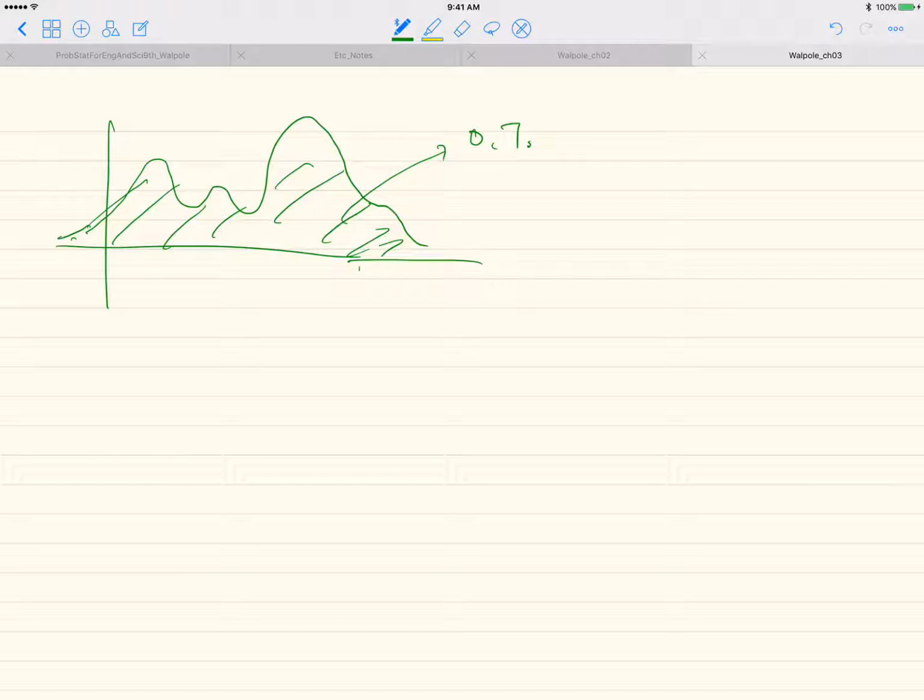We computed the integral along this function and the area was 0.7, so we simply increase the height by 1 over 0.7, approximately 1.3 times higher than the original height of this function. And then that function will give you the correct conditional probability distribution.